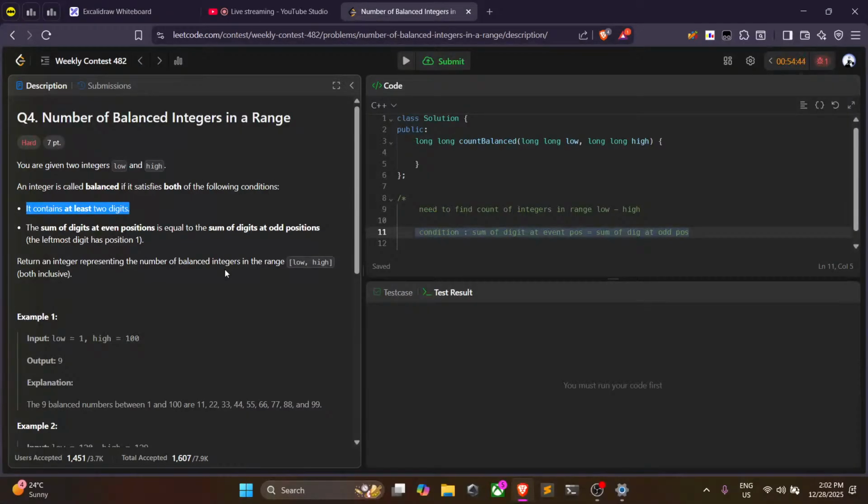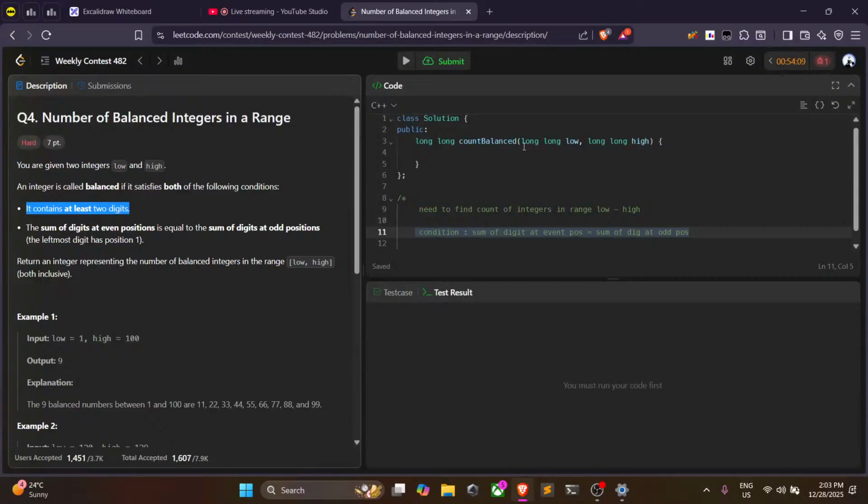So basically we need to count this. Let me think. It's a possible digit DP solution we can have. Is there any other possible way of doing this? I'm not sure.